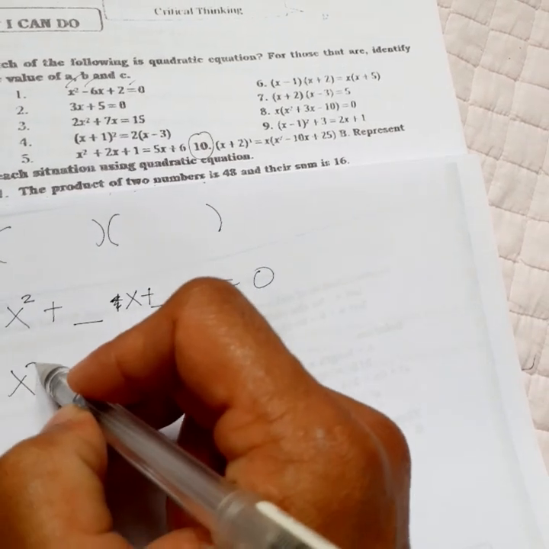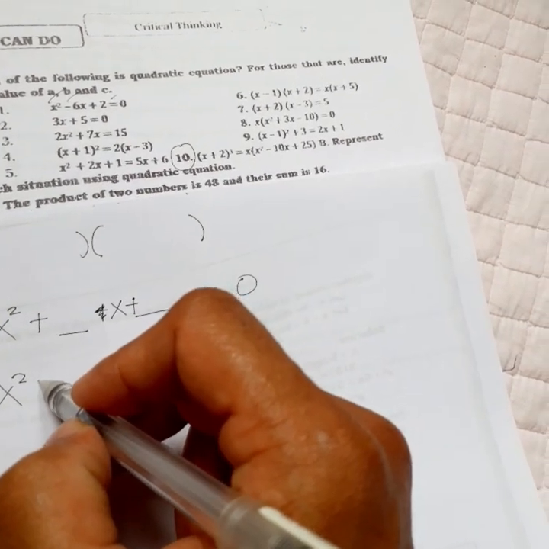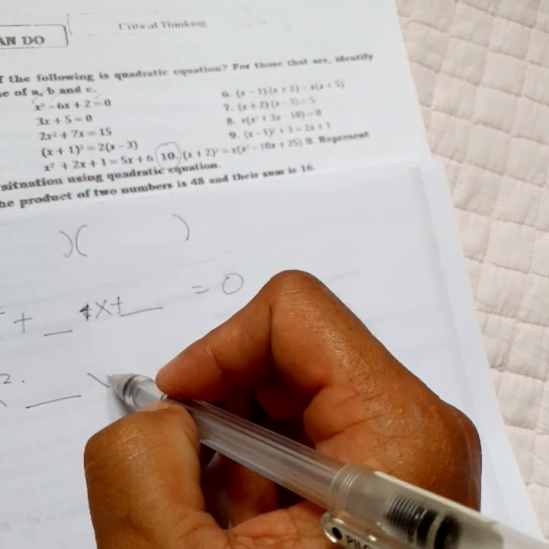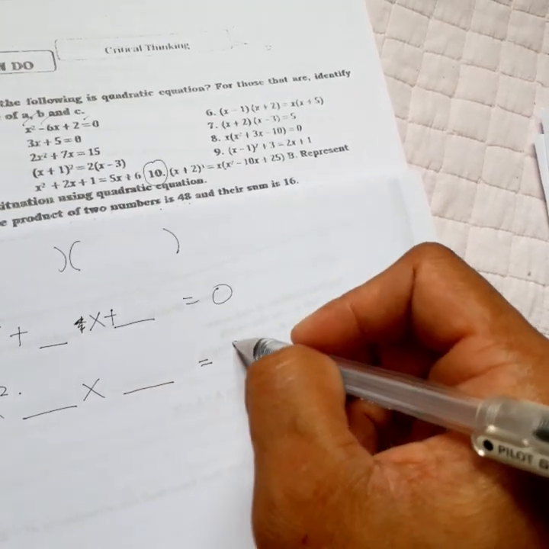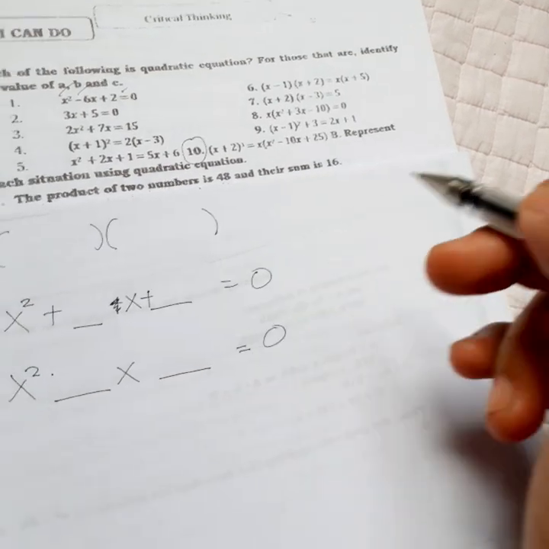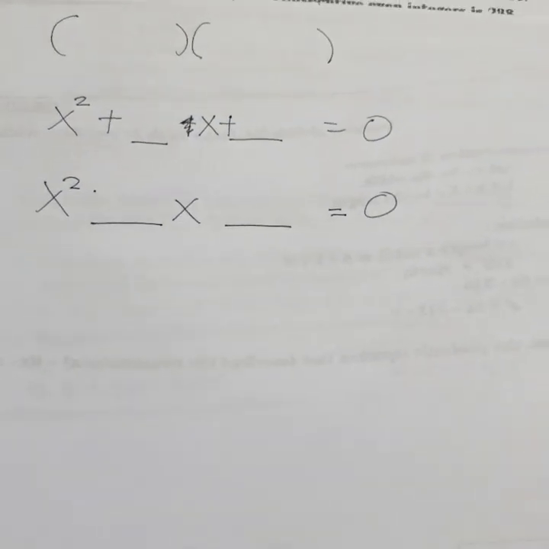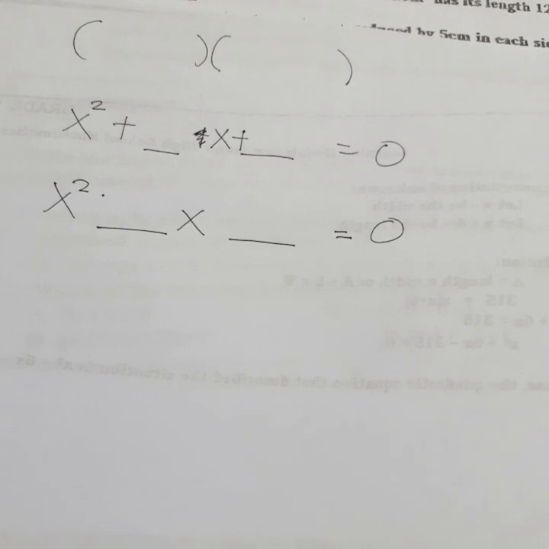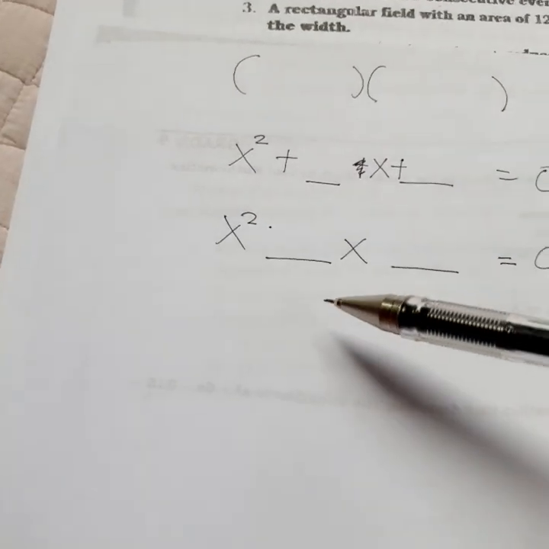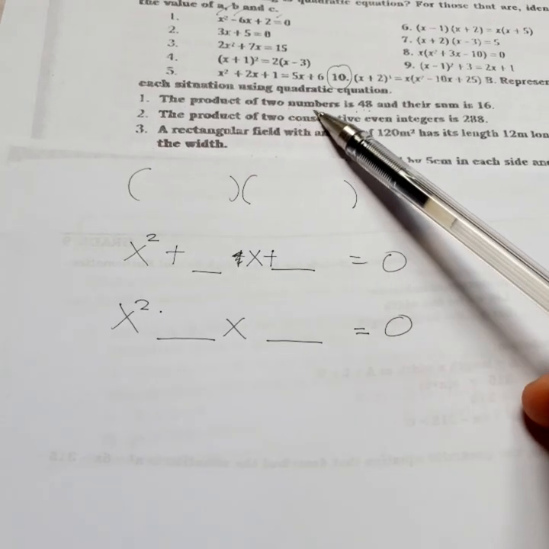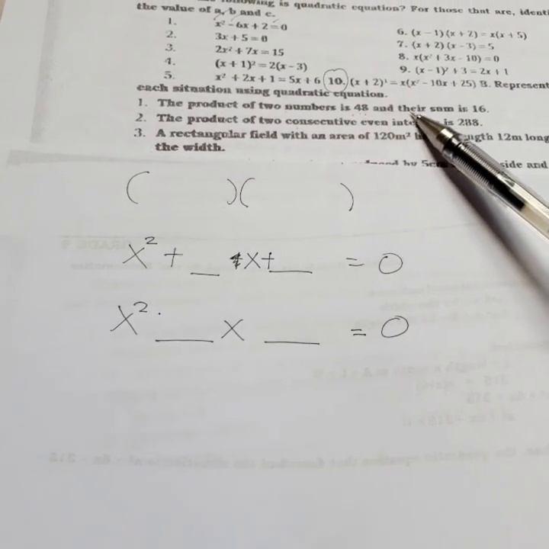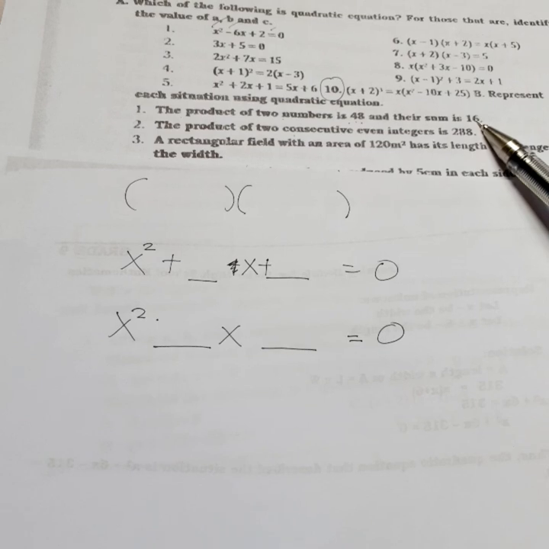Again, x squared plus blank x plus blank equals 0. Ana na lang. Then, the product of two numbers is 48 and the sum is 16.